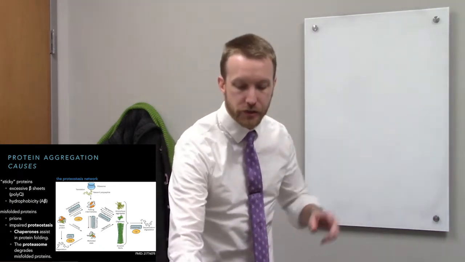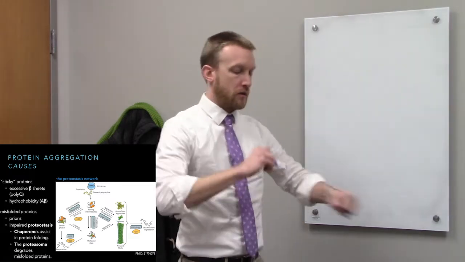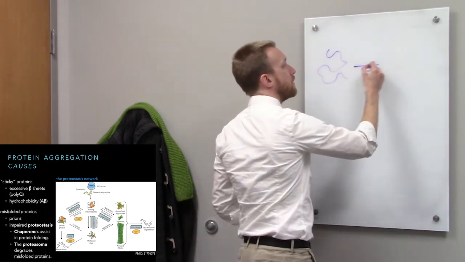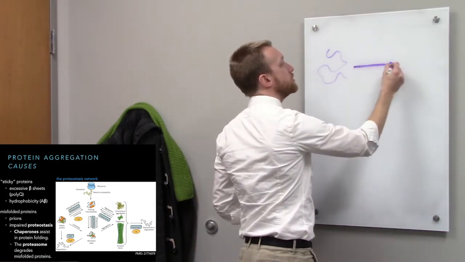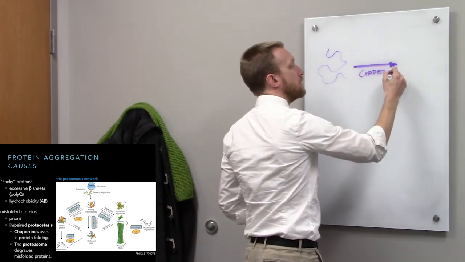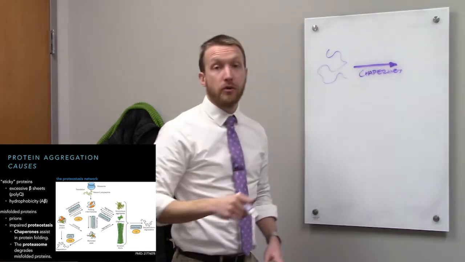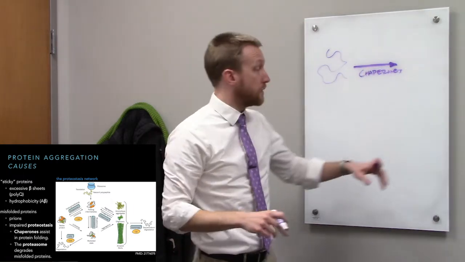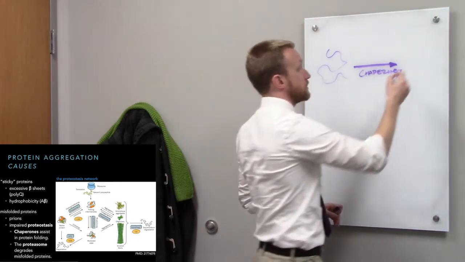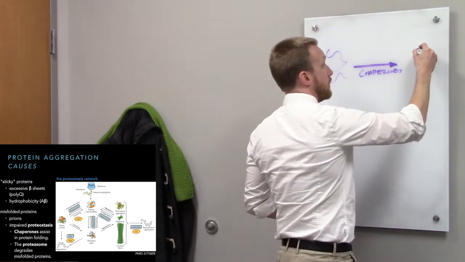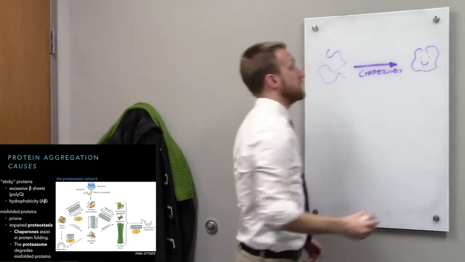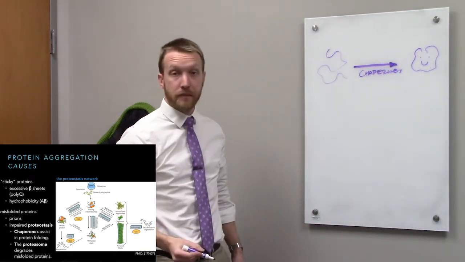Think of it as a two-part system. One part would be the chaperones. Chaperone proteins are going to assist with protein folding. They're going to bind to certain parts and make sure that it folds up properly so that we're left with a nice, happy, properly folded protein.